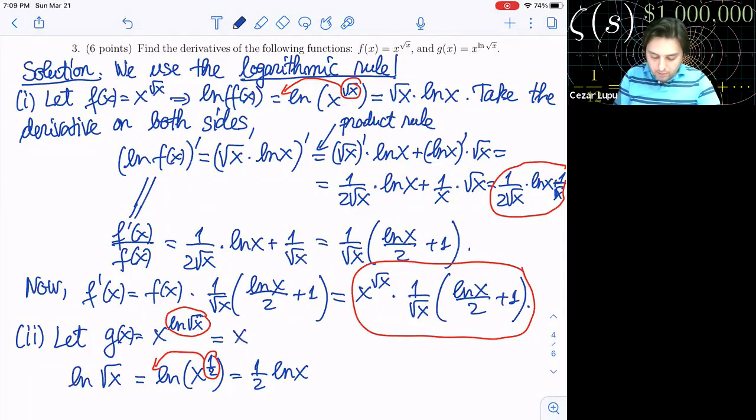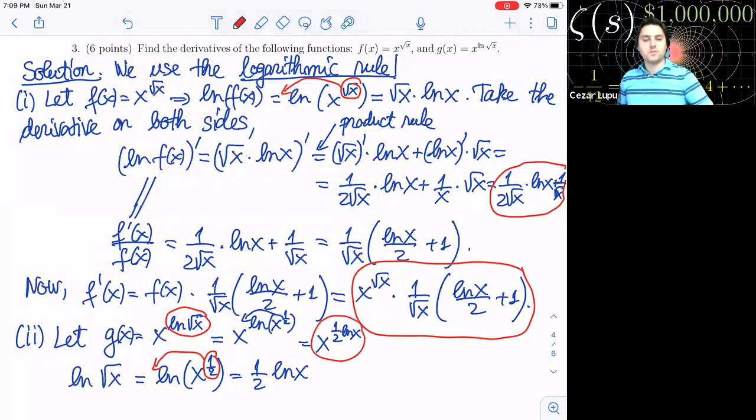So this would be x to the power ln of x to 1/2, right? And we can bring this 1/2 right here. So this would be x to the power 1/2 ln of x. So this is our function, in fact. This is my function g, and now it's quite easier for me to do, again, logarithmic differentiation, right?